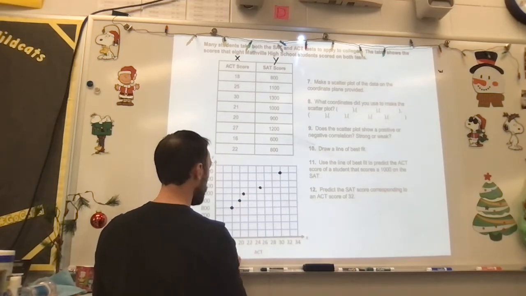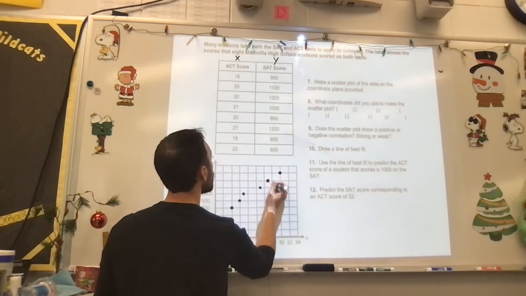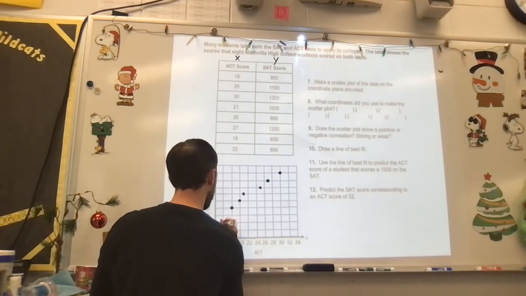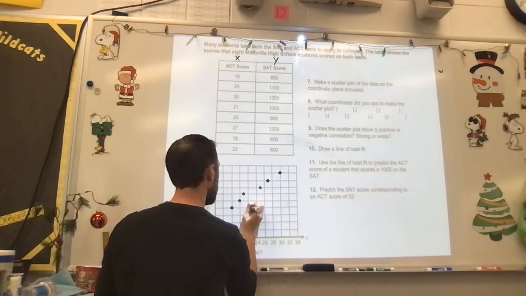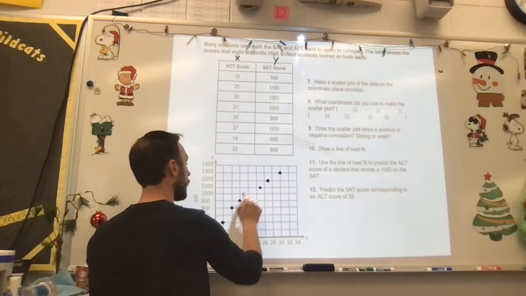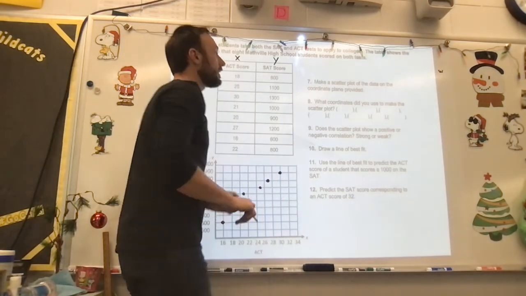Over 27 up 1200. Over 16 up to 600, right there. And over 22 up 800, right there. And 1, 2, 3, 4, 5, 6, 7, 8 points. So we did the first part the question asked us to do, which is make a scatter plot.